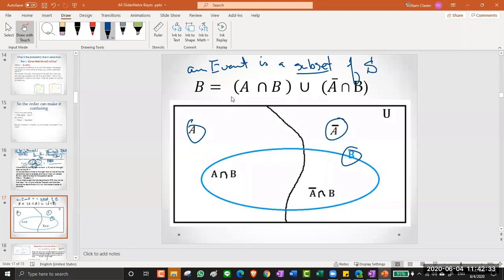No, because A and A complement are complementary. They're disjoint, right? We use the word disjoint. It means they have nothing in common, right? So A and A complement are disjoint. So A intersect B and A complement intersect B have nothing in common, right? Does everyone see that?